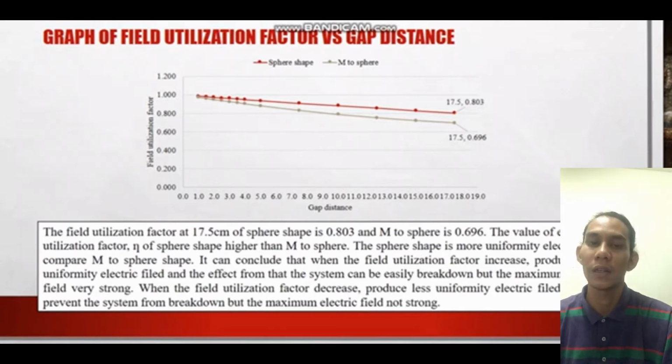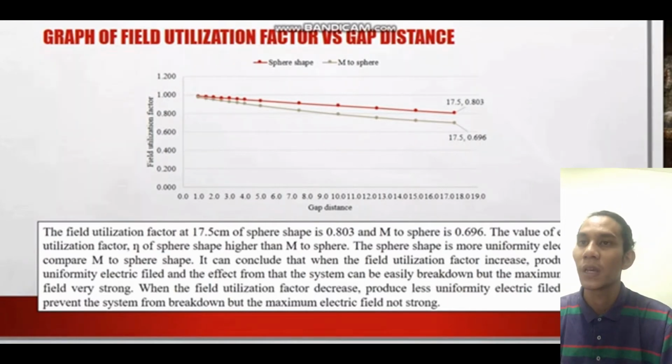So we show the graph of field utilization factor versus gap distance. The field utilization factor at 17.5 cm for the sphere shape is 0.803, and for M2 sphere is 0.696. You can conclude that when the field utilization factor increases, it produces a more uniform electric field, and the system can break down easily, but the maximum electric field is very strong.